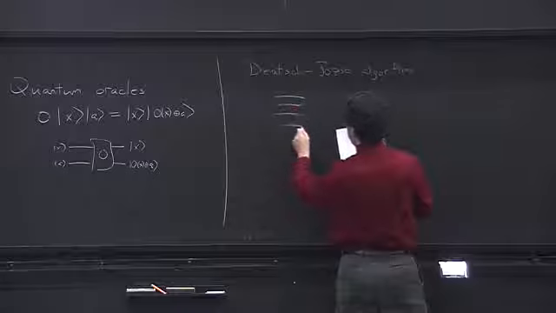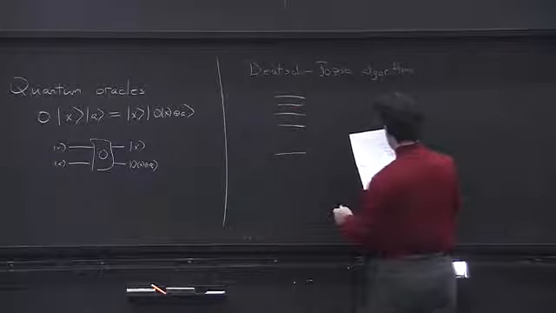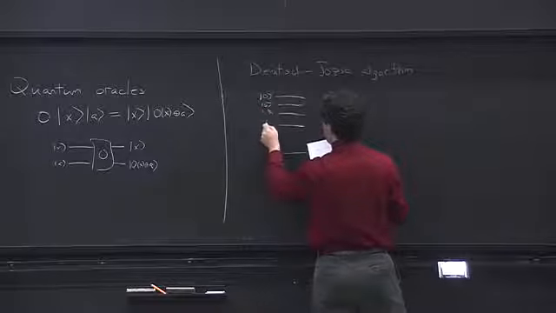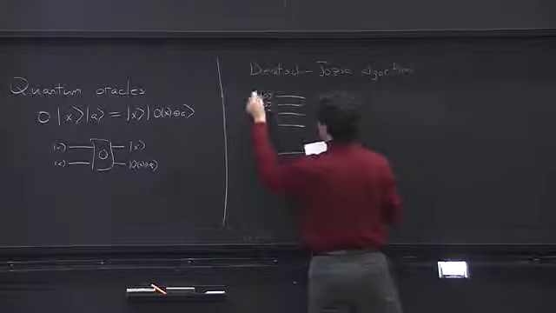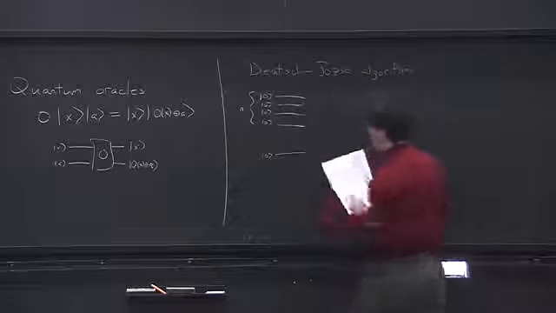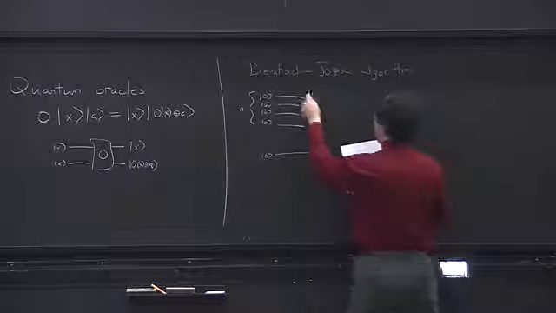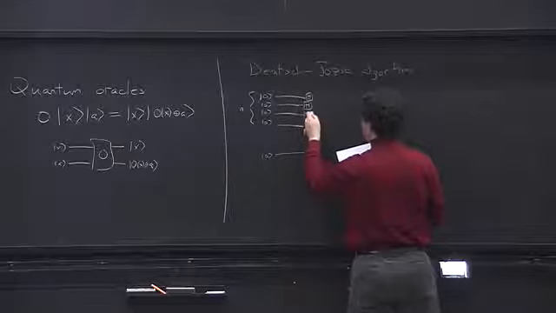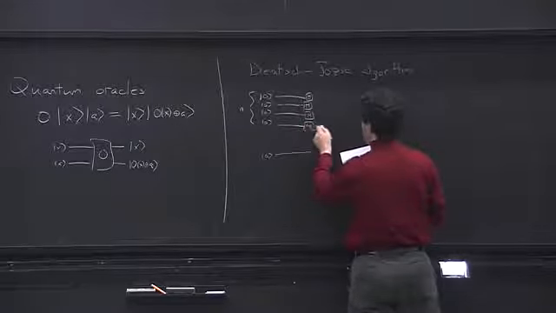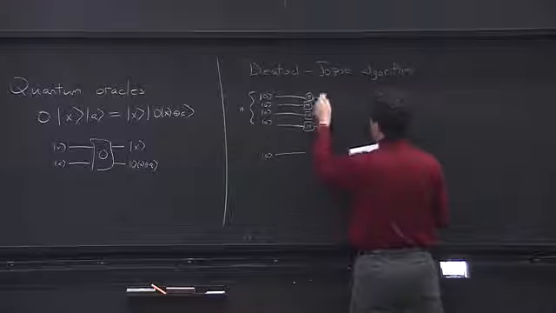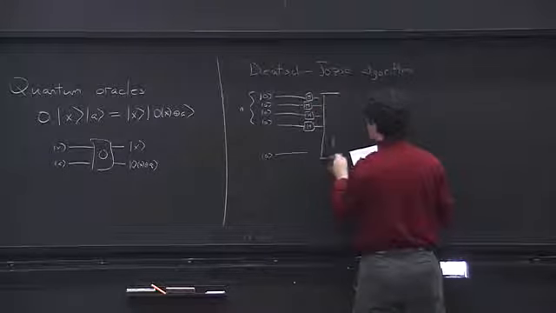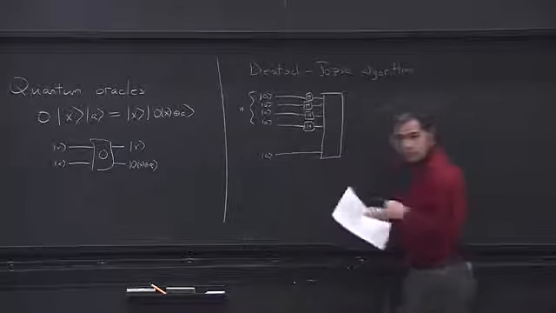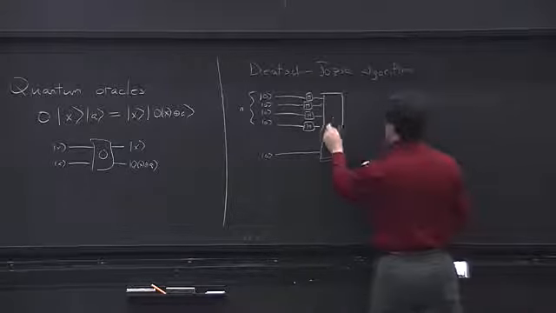So we're going to have n plus 1 qubits. These are n qubits, and this is 1 qubit. The first thing we do is the Hadamard on these top n qubits. And then we do an oracle call. The oracle call is supposed to involve n plus 1 qubits, so that's where this extra one is coming in.